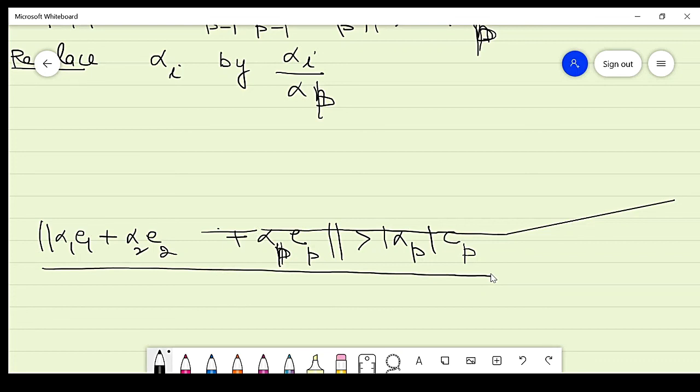So just substitute these values. Now we are very near to our result.